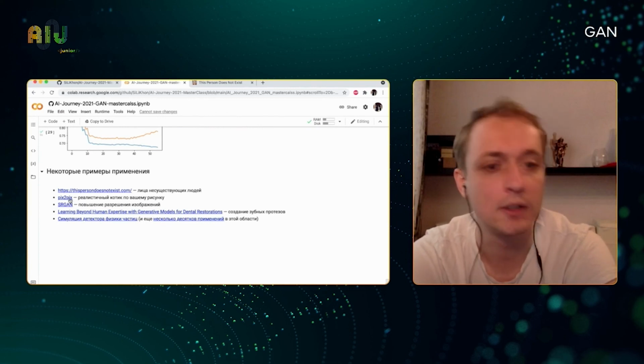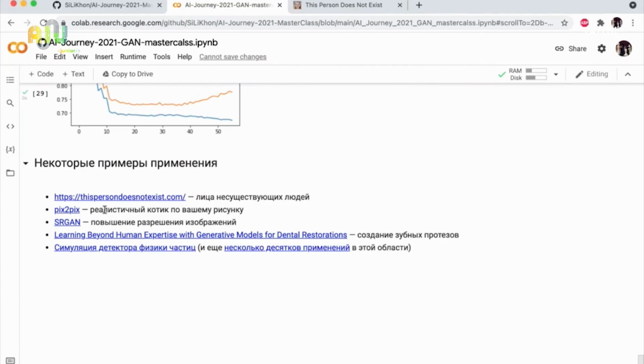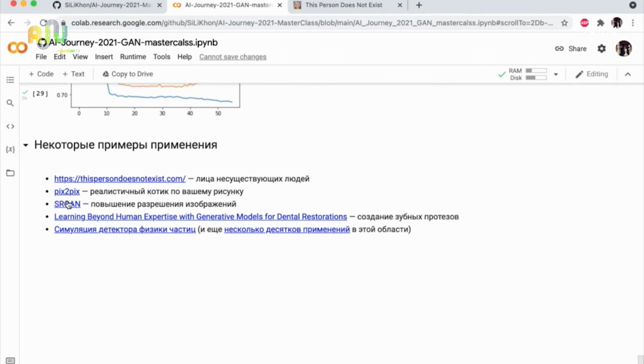And 2 more links here. They're very interesting. The second link helps us draw a cat by hand, and it will try to make it realistic. Sometimes images are quite creepy in the end, but it's worth trying. Some links improve resolutions of images, and it helps you launch old games in HD quality.